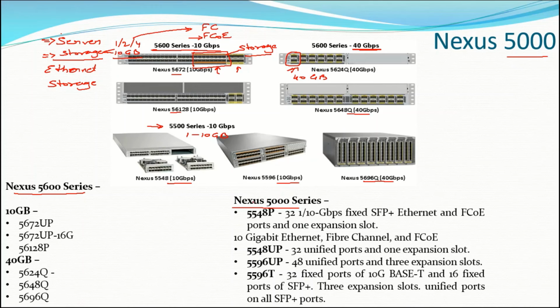Now let's understand what models we have. Take the 5548P. What does P say? P says we can use 1 to 10 Gbps of speed.